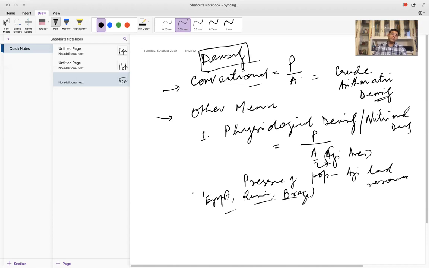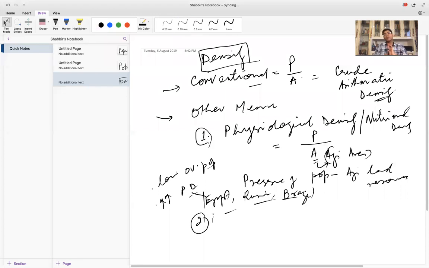These countries might have very low overall population, but they can have very, very high physiological density. Why? Because the agricultural land is very, very less, implying that the pressure on the land for cultivation is very, very high. So that's one measure.